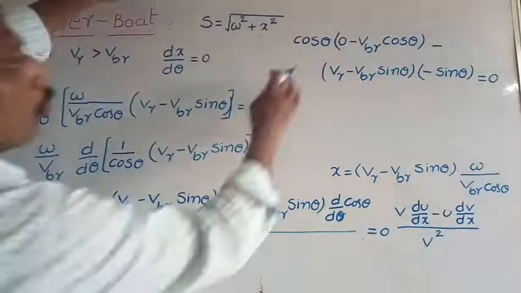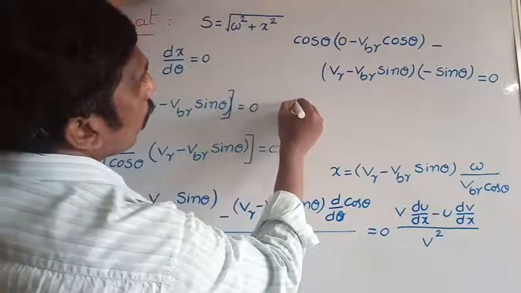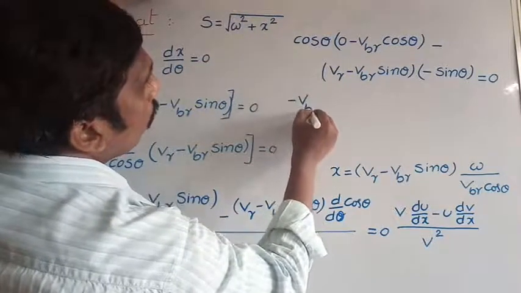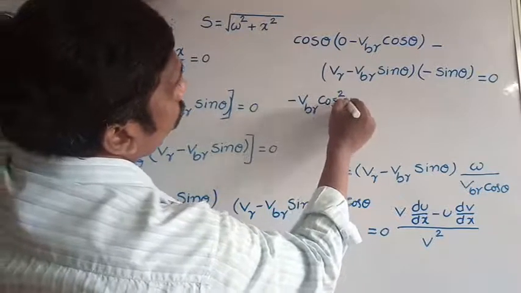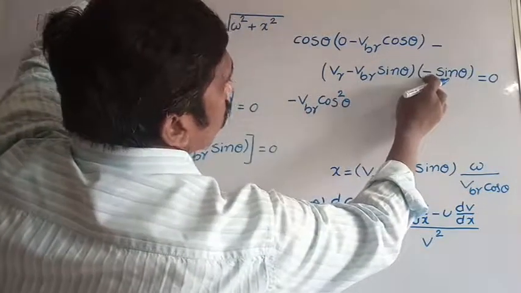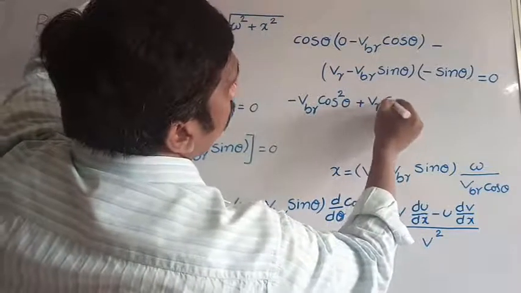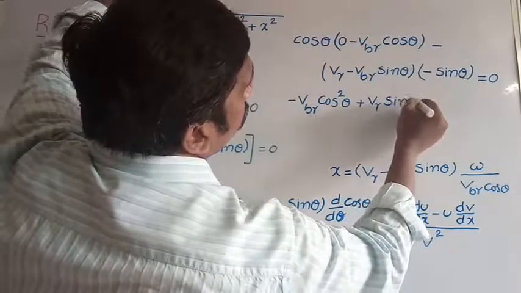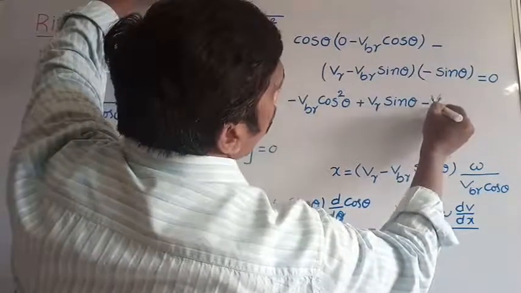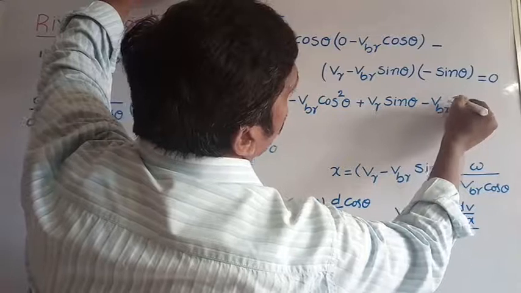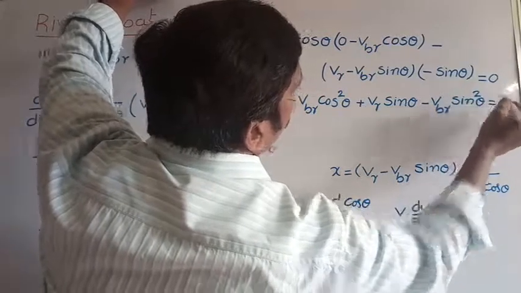Okay, clear? Multiply with this one, then you get minus VBR into cos theta cos square theta, minus into minus plus VR sin theta we will get, minus into minus plus into minus VBR into sin theta sin square theta is equal to 0 we will get.